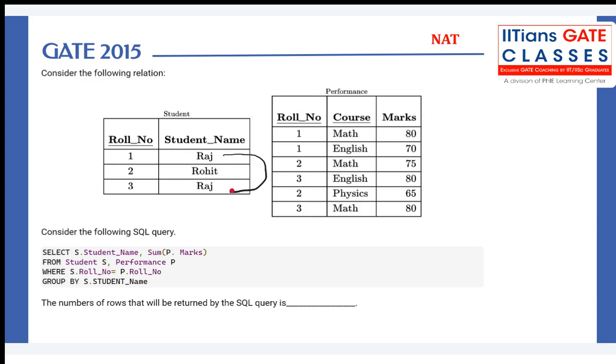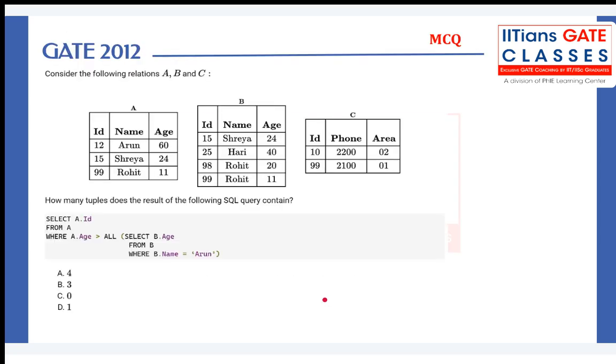Jigya, did you understand? And also Rohit, because you also answered 3. Did you both understand the solution? Yes? Okay. Answer is 2. Clear this out.